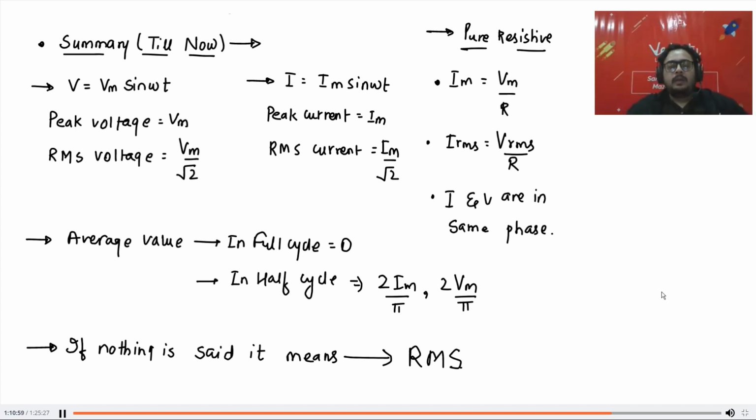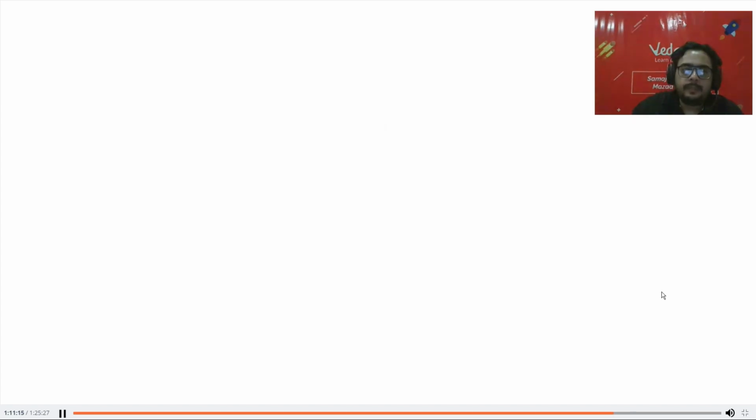तो ये था हमारा अभी तक जो हमने पढ़ा है. I hope it is clear to everyone. ओके. One more thing that I want to tell you is the power dissipated in pure resistive circuit. So can you tell me what will be the power?